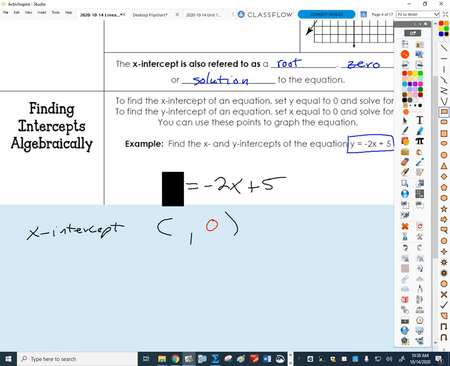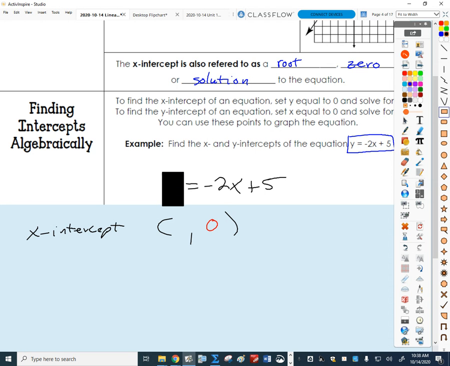Yeah. So if we're using this cover-up trick, if we want to find the y-intercept, we're setting x equal to 0. So you can just cover it up with your hand or with your finger if it's on paper, or in your mind, just cover it up and make it a 0. And then I'm just solving for x. You could either add 2x to both sides and divide by 2, or you could subtract 5 and divide by -2.